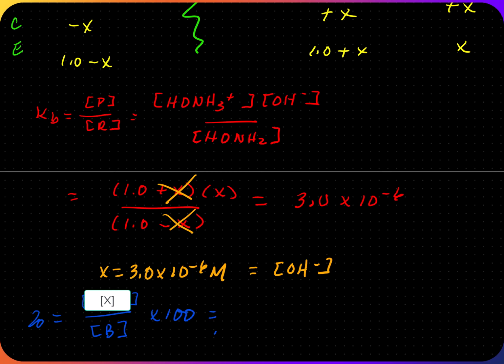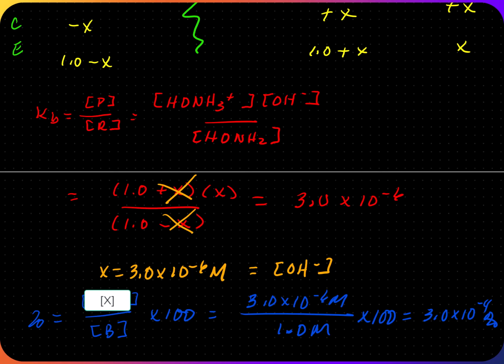So HB plus is 3.0 times 10 to the negative 6 molar divided by 1.0 molar times 100. So this becomes 3.0 times 10 to the negative 4th percent, which is very small ionization. So the 5% rule is valid in this situation.